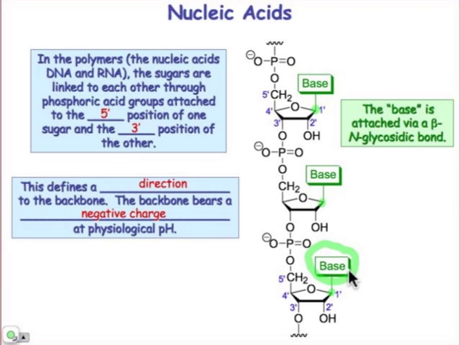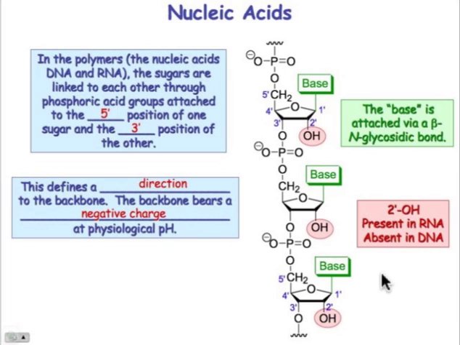The base receives the numbers 1, 2, 3, 4, 5 for its atoms, which gives the sugar primed numbering, so we can still number the sugars, but they carry primes since they're the second highest priority in the numbering of the molecule. The N-glycosidic bond is beta linked, that means it's up, just like that hydroxyl group before. And the difference is that there's a 2' hydroxyl group present in RNA, and it's absent in DNA.